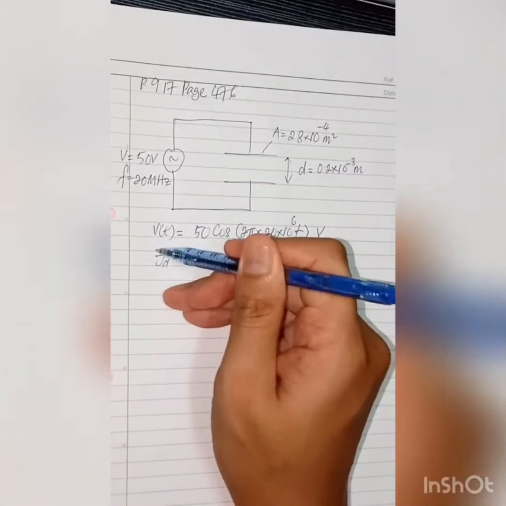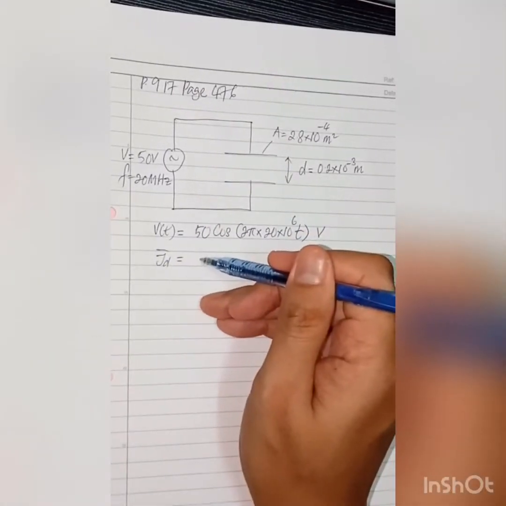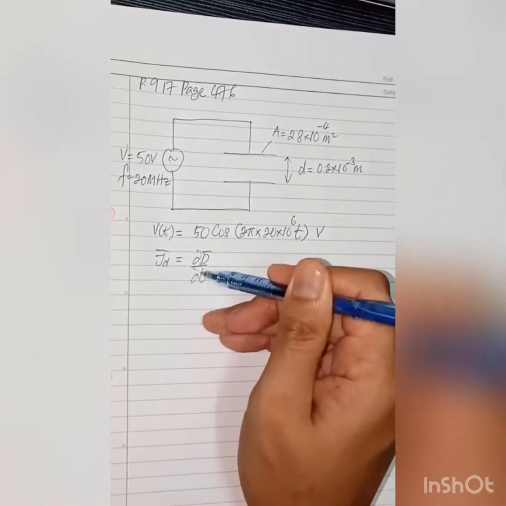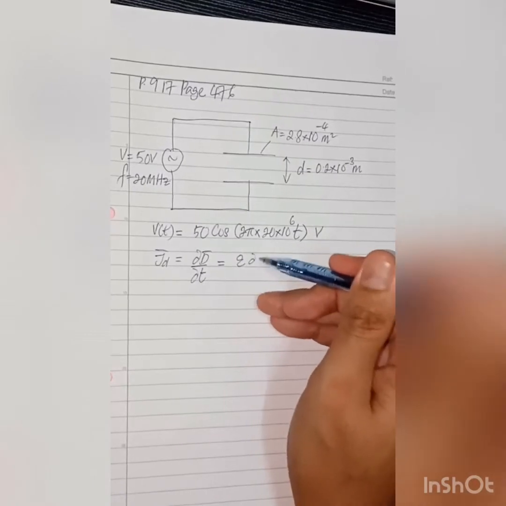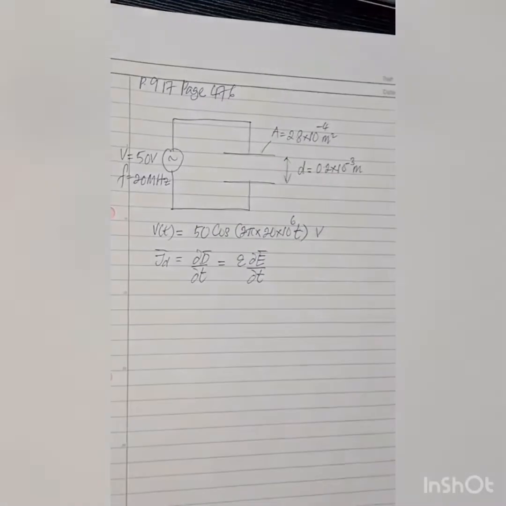As we learned previously, the JD can be found using this equation: dD over dt, or equal to epsilon dE over dt.